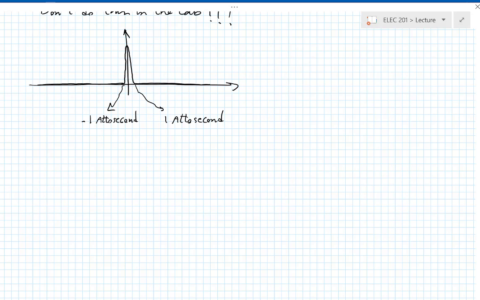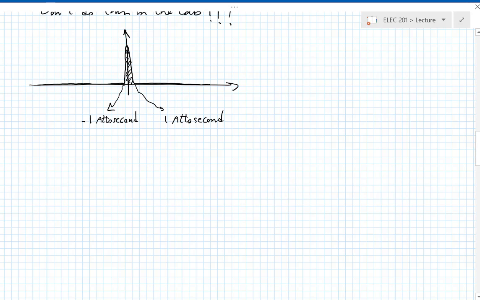Now, I think you would be OK with me saying the integral of this is something finite. It has a very small width, a very tall maximum, but a very, very small width, right? So this integral is finite. That area is finite.